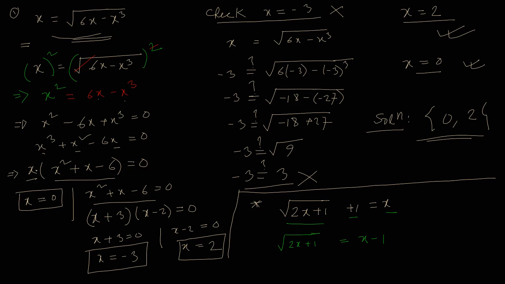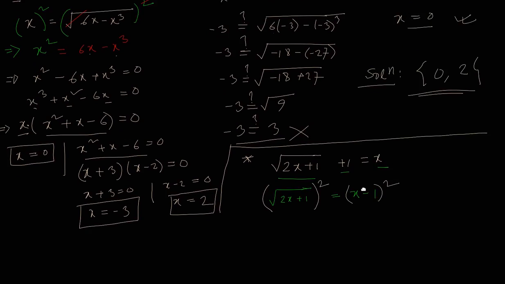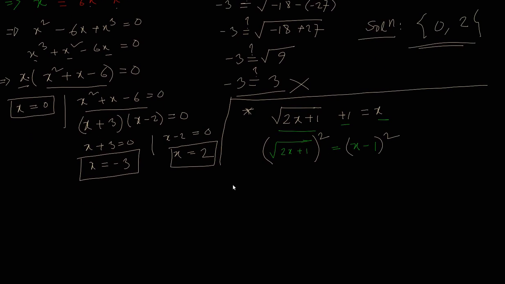This is my first step. The second step is I am going to square both sides. So let us see what we got. On the left hand side, the square root and square cancel out, so I am left with 2x plus 1 equals x minus 1 square.